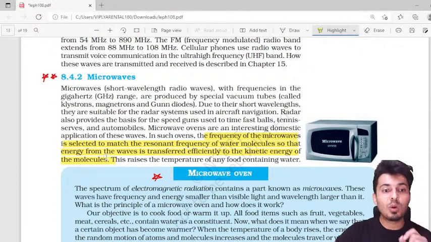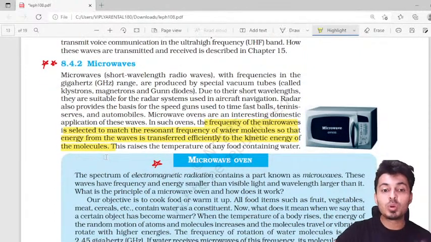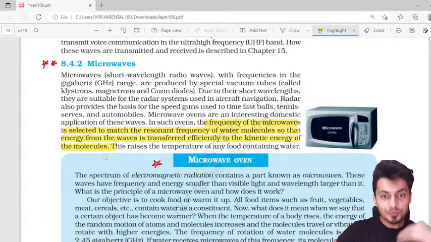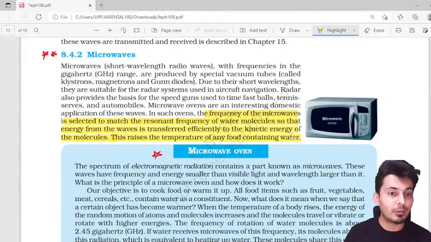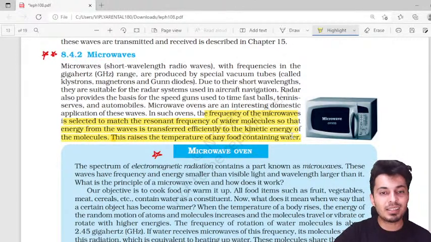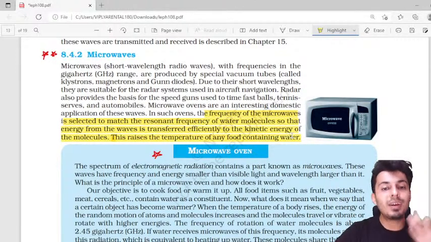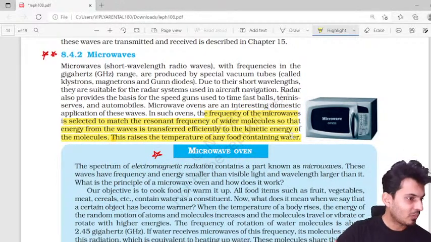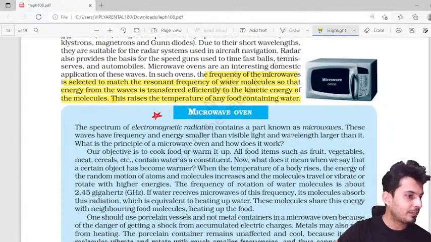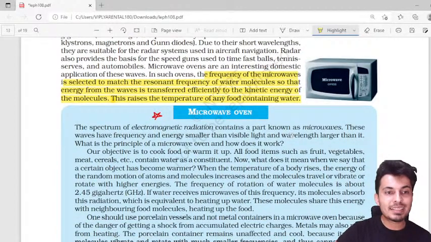So whichever water content is there, those water molecules will resonate with the microwaves, and because of which the food which contains that liquid will also get heated up. Now it so happens the resonant frequency of plastic and ceramic objects will not match, and that's the reason why those objects will not get heated up. I hope this is clear.